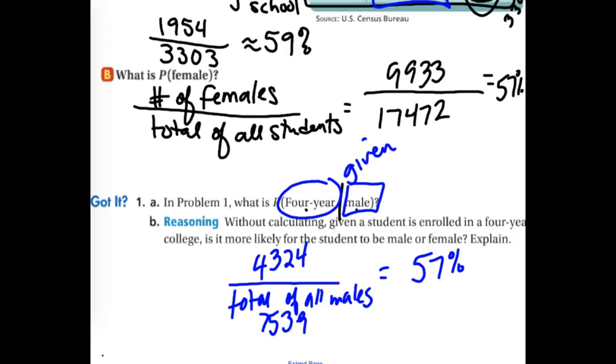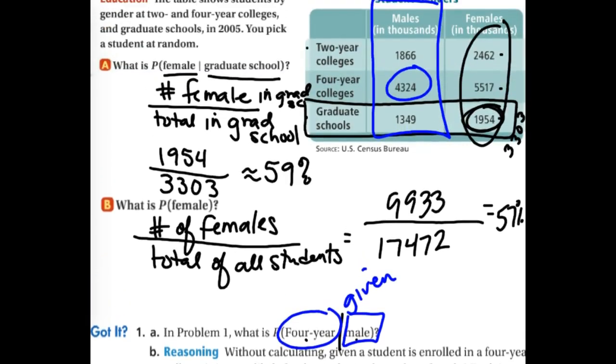Okay, part B. Without calculating, given that a student is enrolled in a four-year college, what part of your table are you looking at? Given that they are in a four-year college, so we're just looking at that middle row, right? Is it more likely for the student to be male or female? So if we are just looking at this row, it's more likely that they're female.